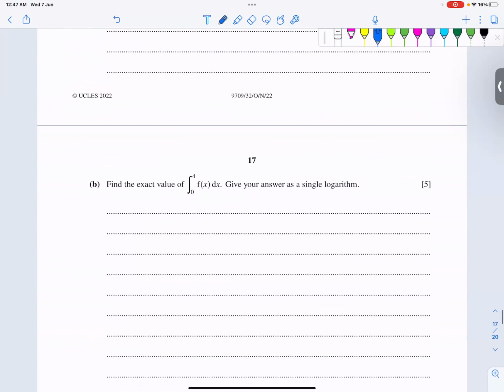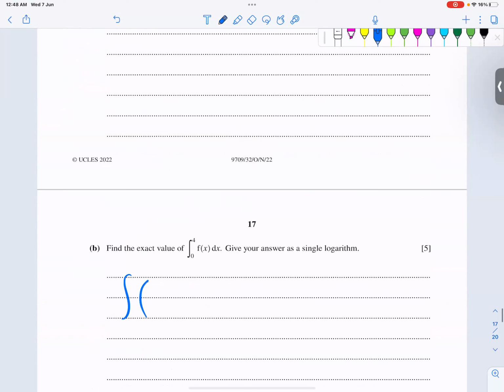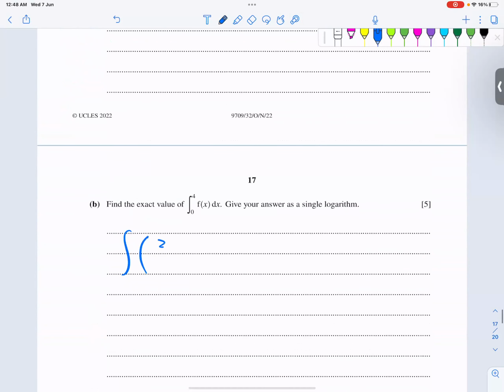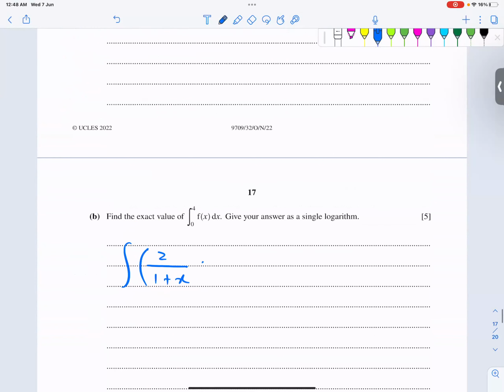Now you will integrate this function, 2 over 1 plus x minus x over x square plus 2 dx from 0 to 4.